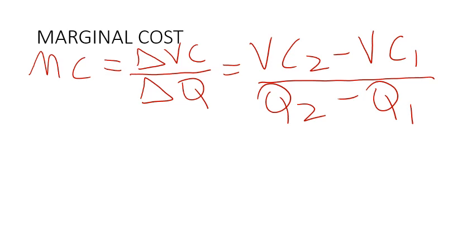Well, let's see. A company produces an extra unit, and marginal cost measures that unit's contribution to variable costs. Obviously, when a company produces the extra unit, this will not affect fixed costs, because fixed costs are fixed. So this way of measuring marginal cost is to ignore fixed costs.